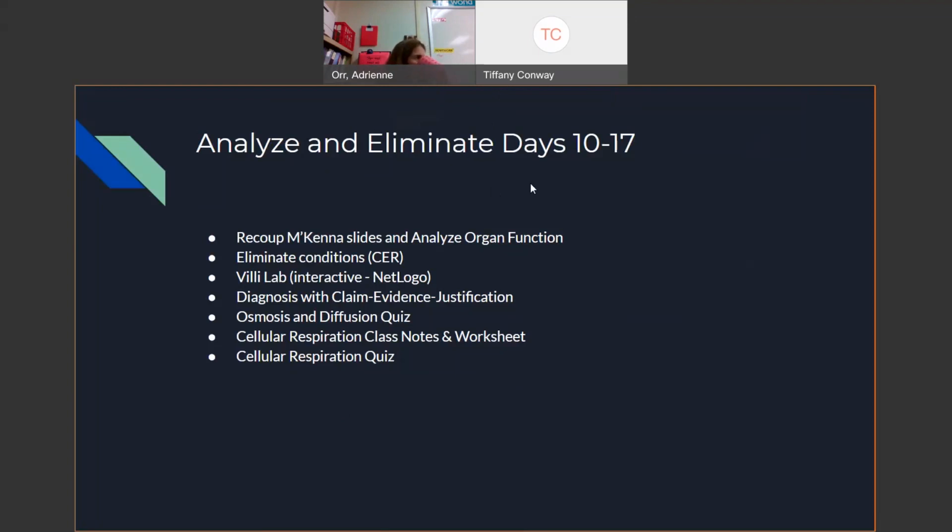Following this, we just spent a couple days on each of the other systems that we needed to focus on. So what we want to do this year is figure out how to better incorporate the other body systems into this. Because throughout McKenna, we do mention she's got muscle aches, that's the muscular system. She feels faint and dizzy, the nervous system. So that is embedded in some of it, just not as much as we'd like, and we're going to be working on that.